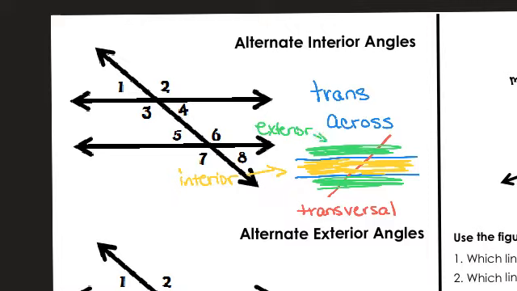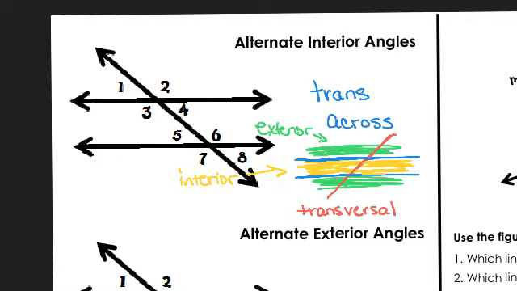The exterior of someone's home might have a deck or a porch. The interior of someone's home might have a bedroom or a kitchen. Interior and exterior are going to be important terms for you to understand. Transversal is the line that cuts across two parallel lines.